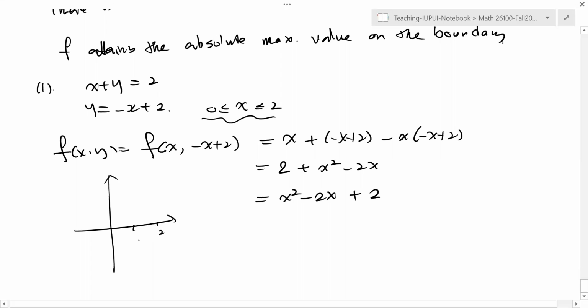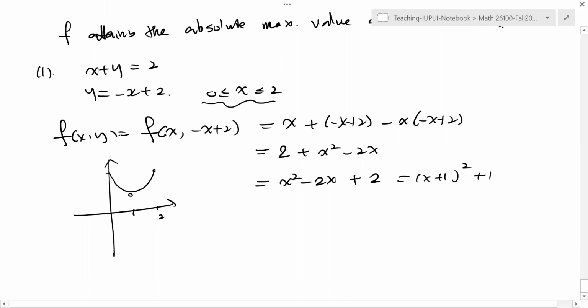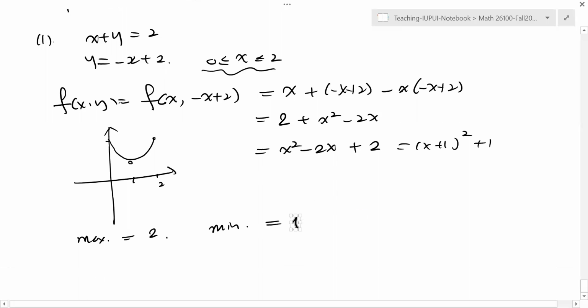This parabola opens upward. It's going to be (x minus 1) squared plus 1, so this is a parabola that looks like that. The maximum value of the function is going to be at the endpoint. So when x equals 0, the value is 2, and the minimum value of the function is going to be 1.